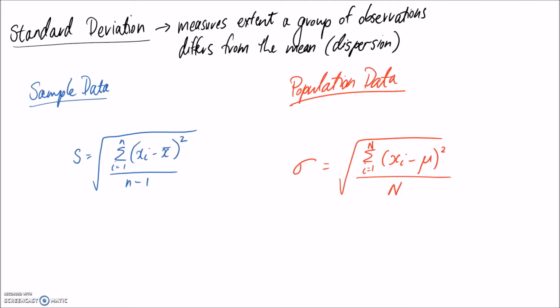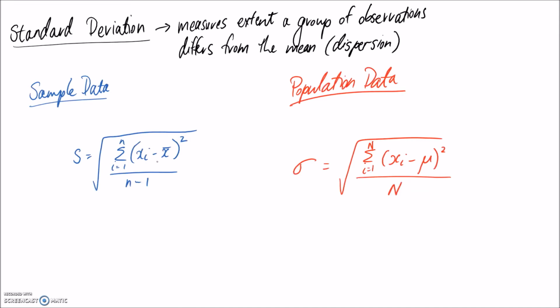So what are these equations actually doing? Let's have a look at this one first. We're performing another sum, so we're adding together, and in here we've got xi, which was our observation value from before, minus x bar, and remember that was the mean for the sample, and then all of this gets squared.